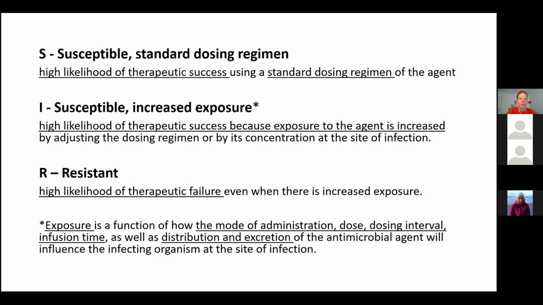And then the concentration at the site of the infection will be because of distribution and excretion of the antibiotic. There we are mainly talking about the urinary tract, where, for example, beta-lactams will concentrate and have higher concentrations. The resistant category translates to a high likelihood of therapeutic failure.